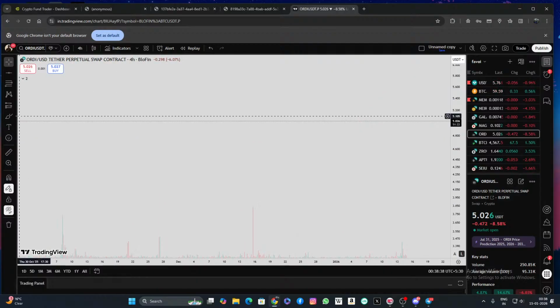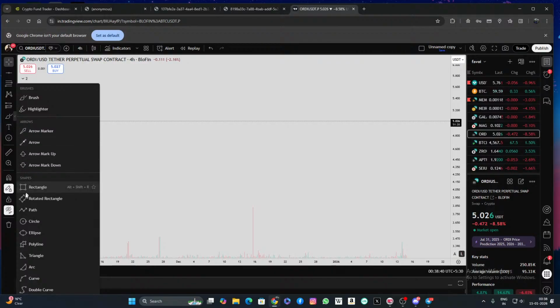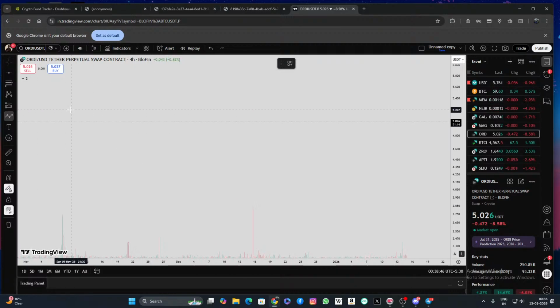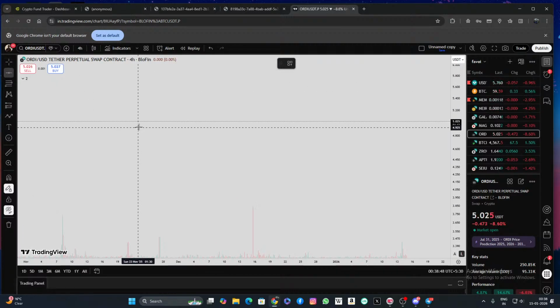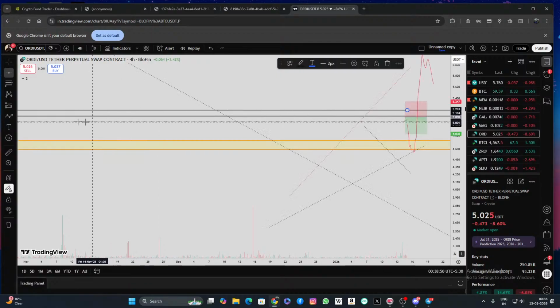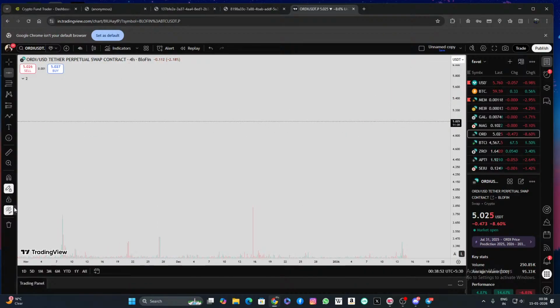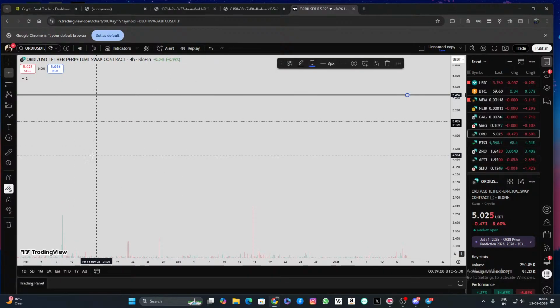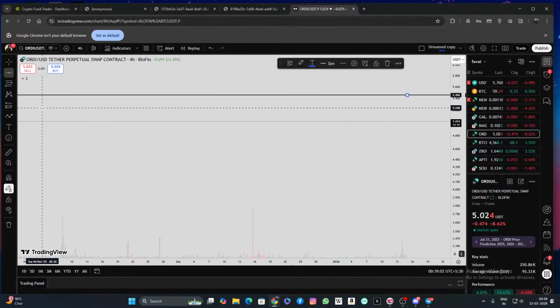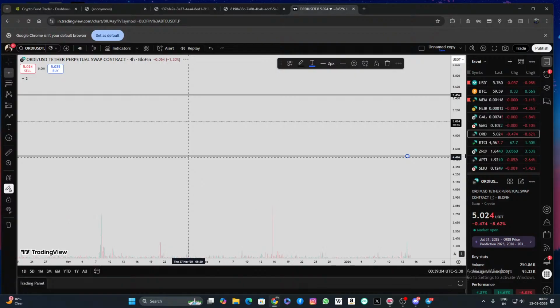So the first chart pattern is the hidden soldier. Let me remove the drawings. Let's suppose that's a resistance and that's a support.